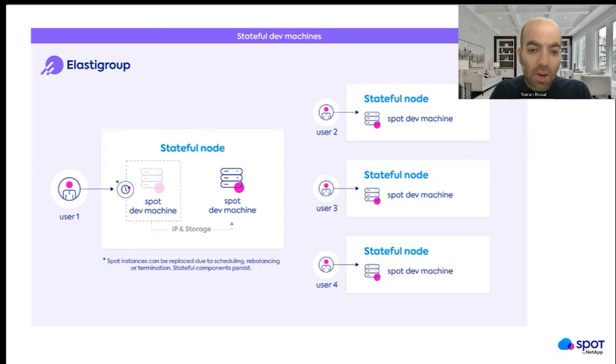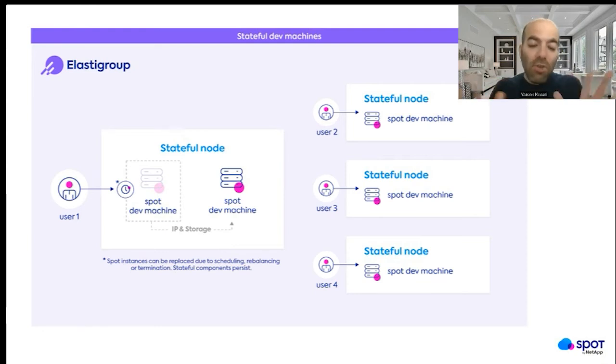Okay, here we are going to cover, I think, one of the most powerful examples that demonstrate the stateful node feature, to be honest, which is when you're using a personal dev machine in your company. In this example, you can see that each developer has their own stateful node with advanced scheduling to get the machine up only during on hours.